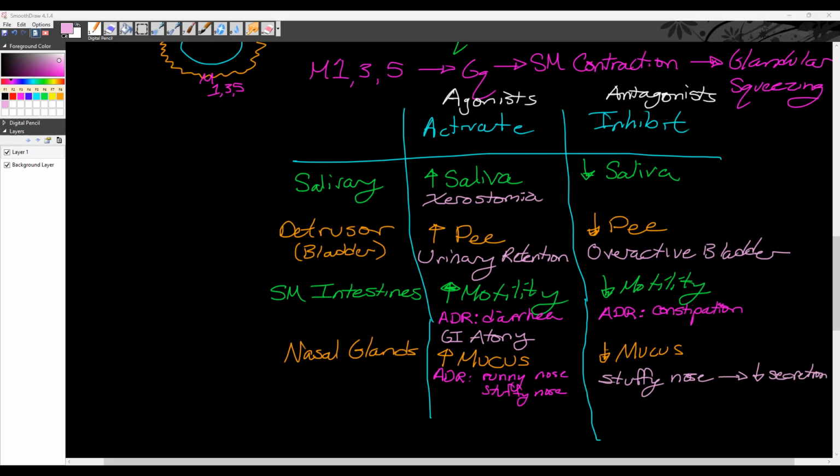Would it cause a bloody nose if it affects blood pressure in the nose? Good question. Generally a bloody nose is more about dryness in the nose.